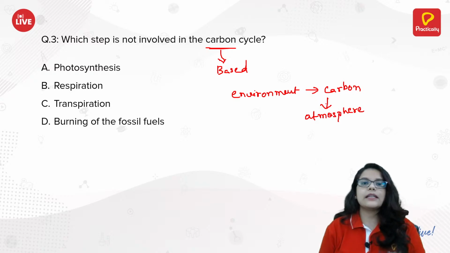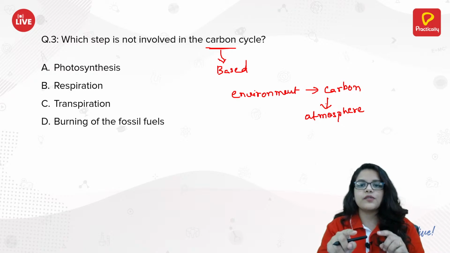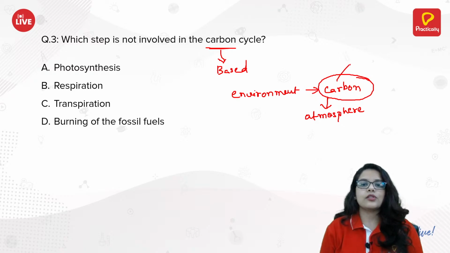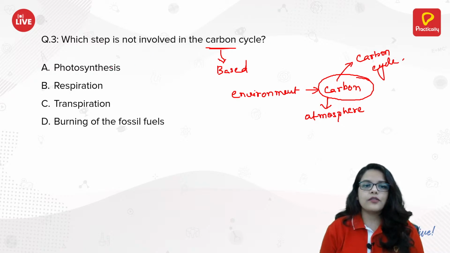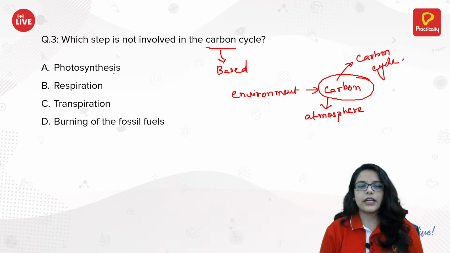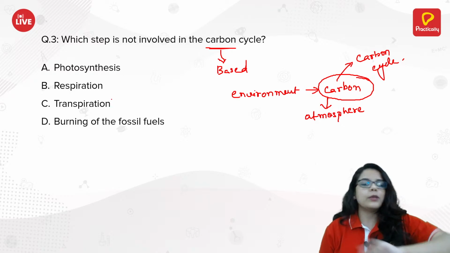So this is basically a cycle. It comes from the atmosphere and goes back to the atmosphere. That kind of cycle is known as the carbon cycle. Whatever the correct steps are, apart from the one wrong step, most of them are related to the carbon cycle.